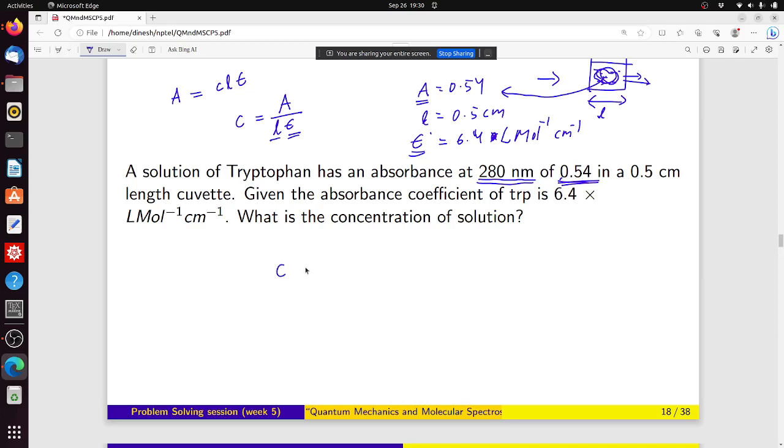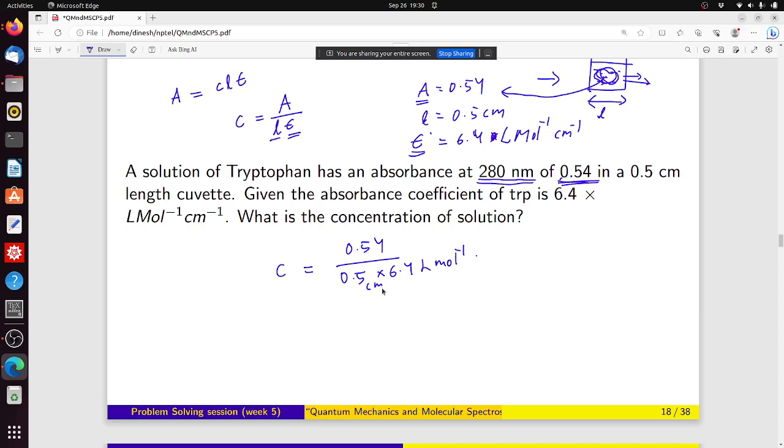Now let's put all these values. 0.54, our length is 0.5 times this epsilon, 6.4 liter mole inverse centimeter inverse.